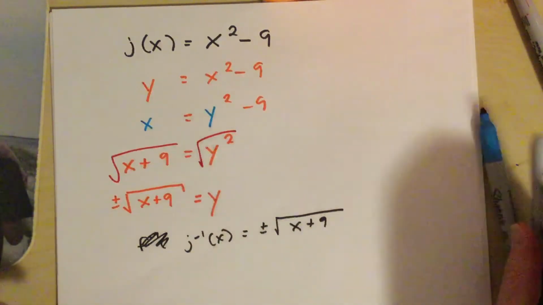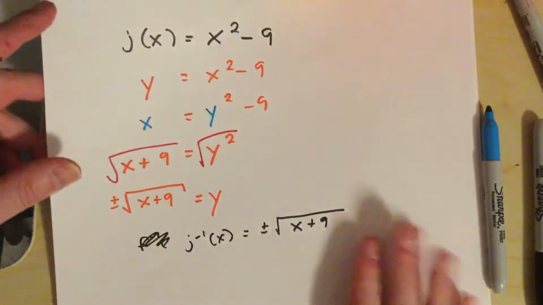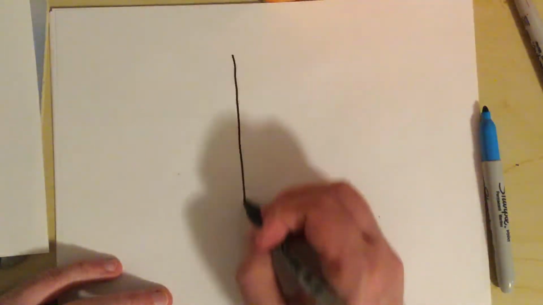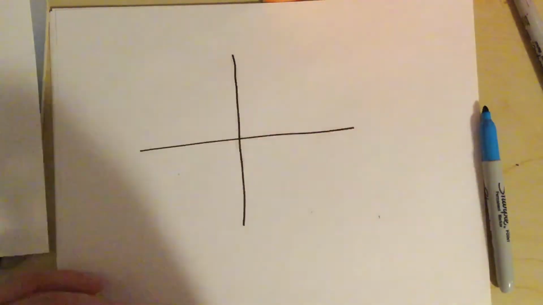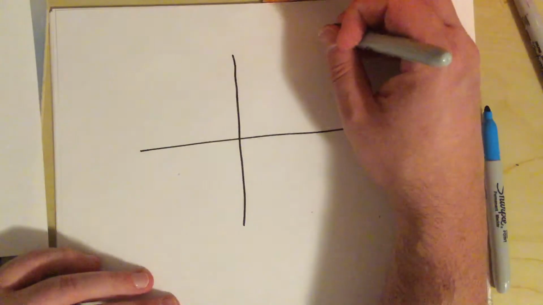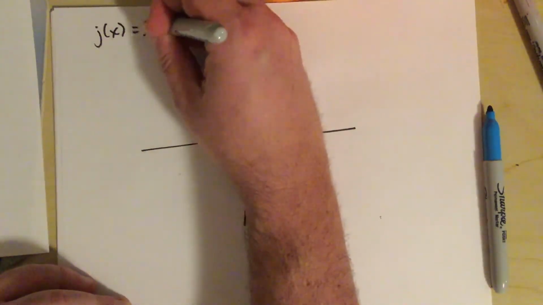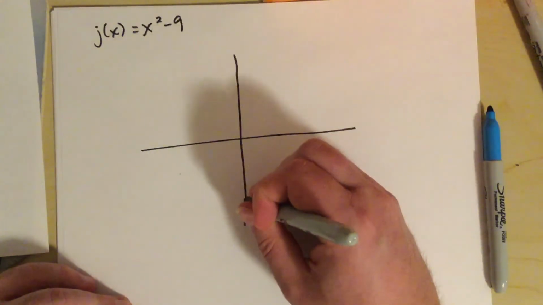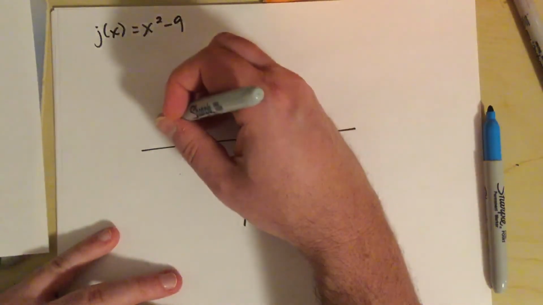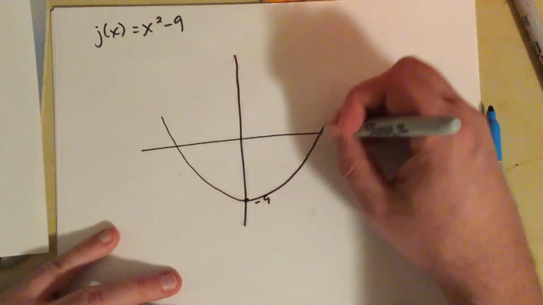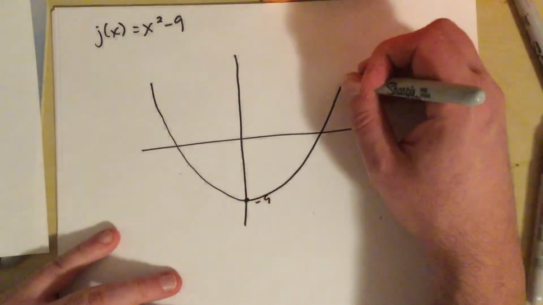I'm going to talk about that briefly, just what does that represent. Let's take a look at the graph. So we'll sketch it. We know that j of x was x squared minus 9, and it's going to look something like this. So it's a parabola.